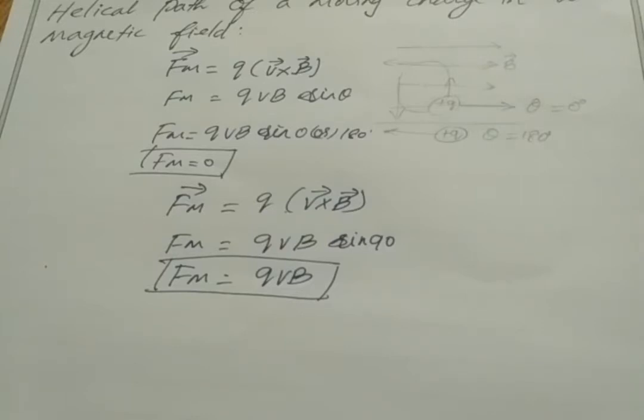Then the time period for one complete circle, that formula will be T equal to 2 pi m by bq, right? Then we studied frequency equal to 1 by time period, qb by 2 pi m. Then angular frequency omega equal to 2 pi f, so omega equal to qb by m, right?